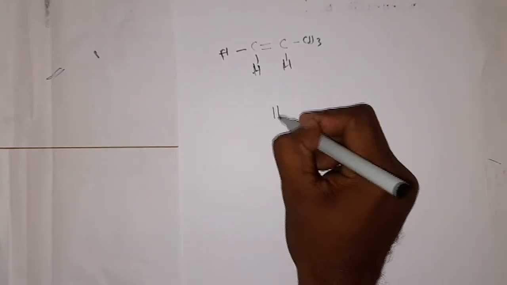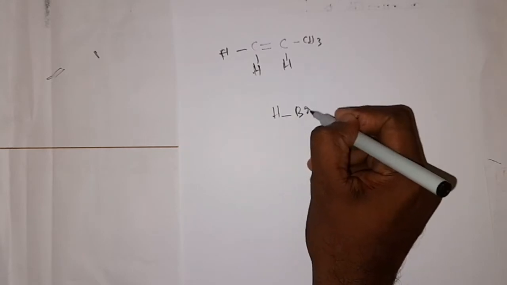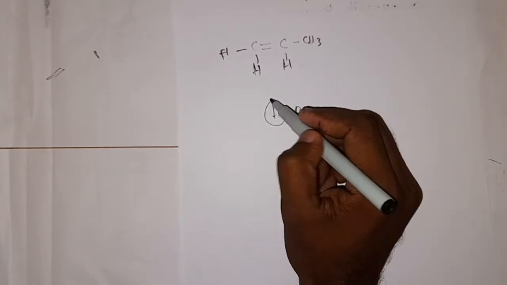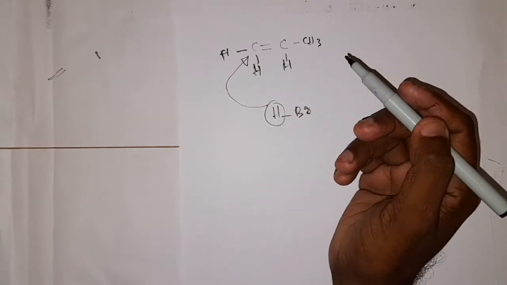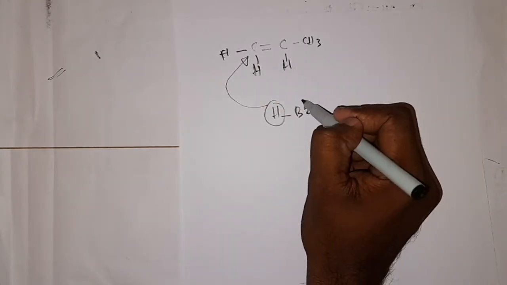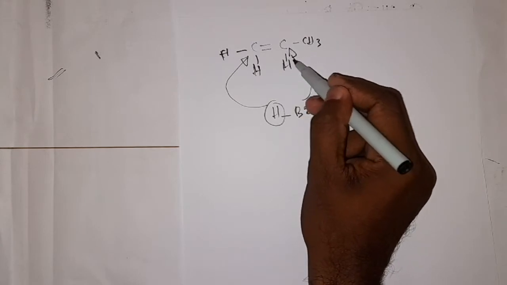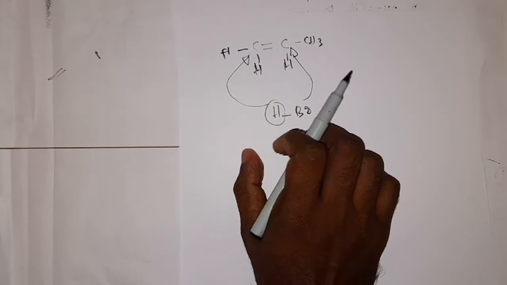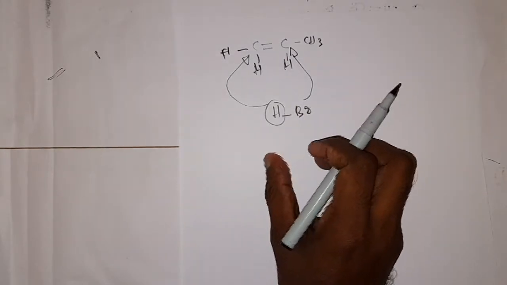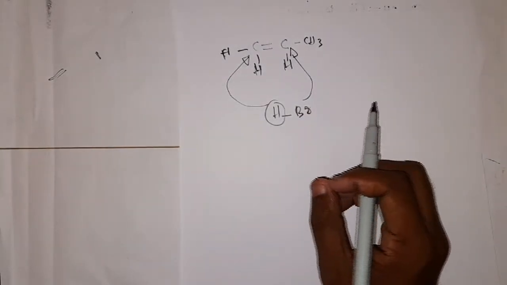Now think about you are going to add HBr. So hydrogen normally joins to the side which has the greatest number of hydrogens, and then bromine joins to the one with fewer hydrogens. So this is the normal theory explained using Markovnikov's law. Okay, so this is a very simple example.